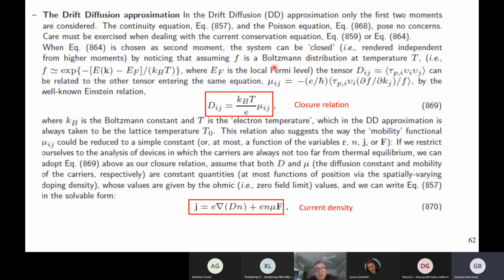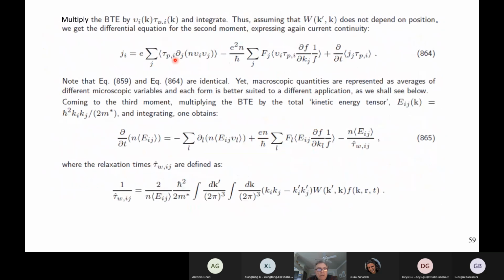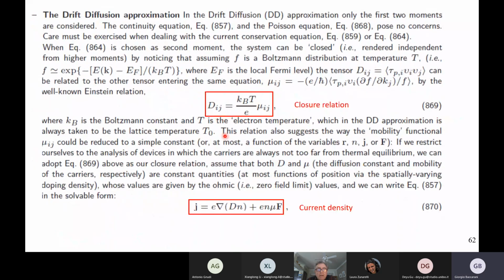I agree perfectly, because the mobility is proportional to the tau, and the tau is outside. So the mobility stays outside, but whatever else you have, the energy, which is the temperature of the carriers, stays inside. So yes, indeed. It's messy.